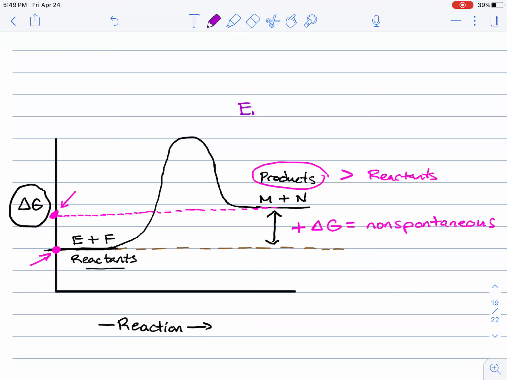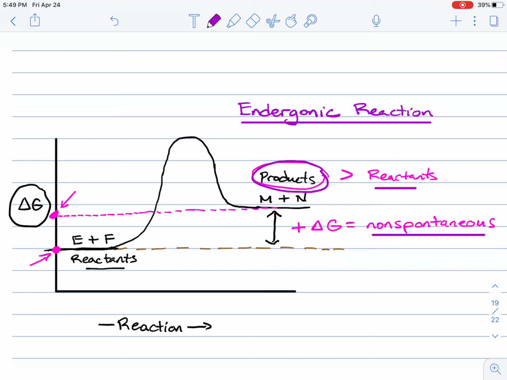So this is going to be endergonic. Endergonic reactions are always non-spontaneous, such that the free energy of the products is always greater than the free energy that it began with.